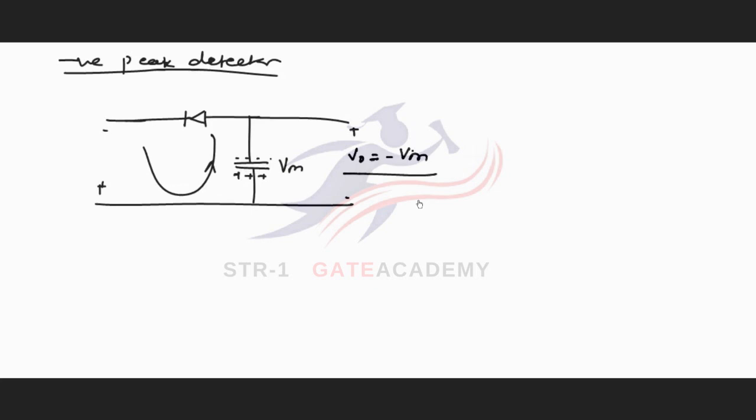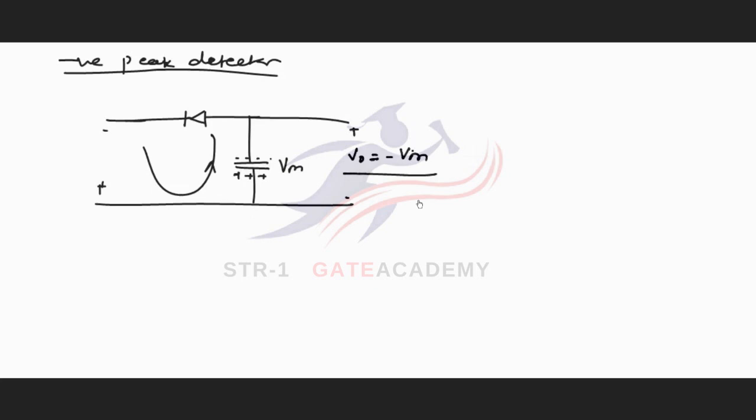We have seen this peak detector circuit because we will design another circuit which is called a voltage doubler. This voltage doubler uses a clamper circuit and a positive peak or negative peak detector. So the cascading of these two circuits will help us to design a voltage doubler circuit.